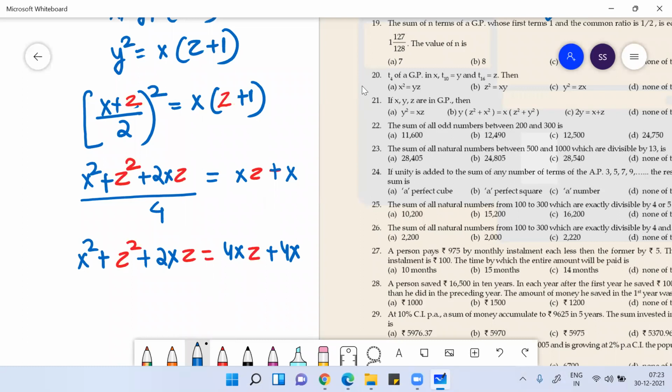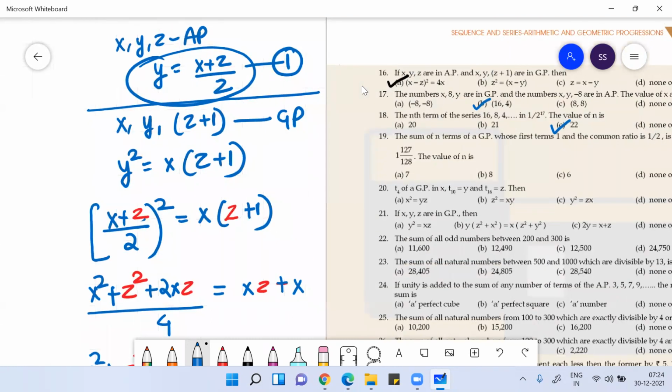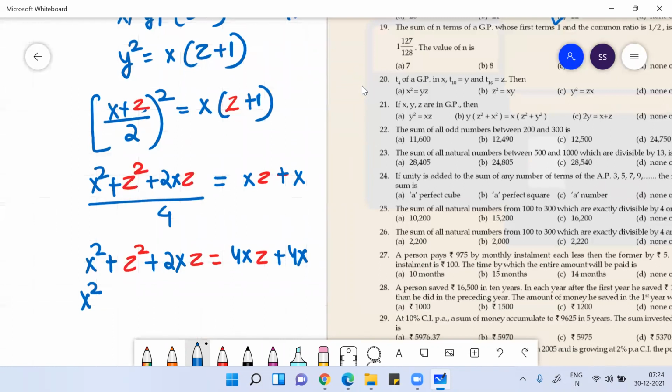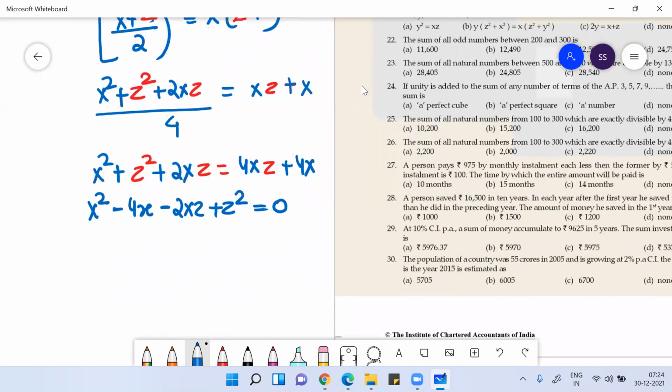If I bring everything to one side, it becomes X square minus 2XZ plus Z square is equal to 4X.